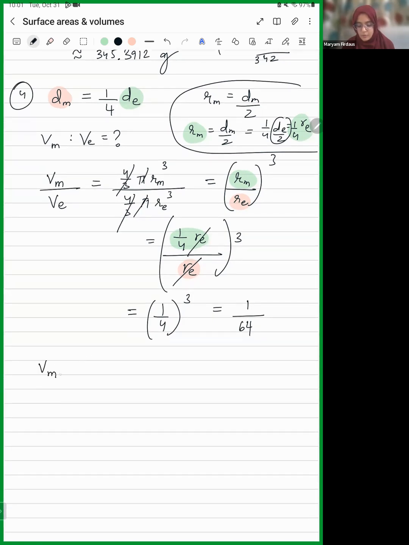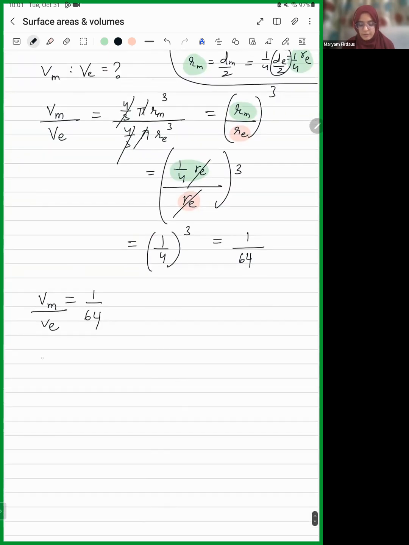Volume of moon by volume of Earth is 1 by 64. Or in other words, if you take VE to the other side, you get VM, volume of the moon, equals 1 by 64 multiplied by VE. This is what we had to find. They had asked what fraction of it is this. So that is what we have found.